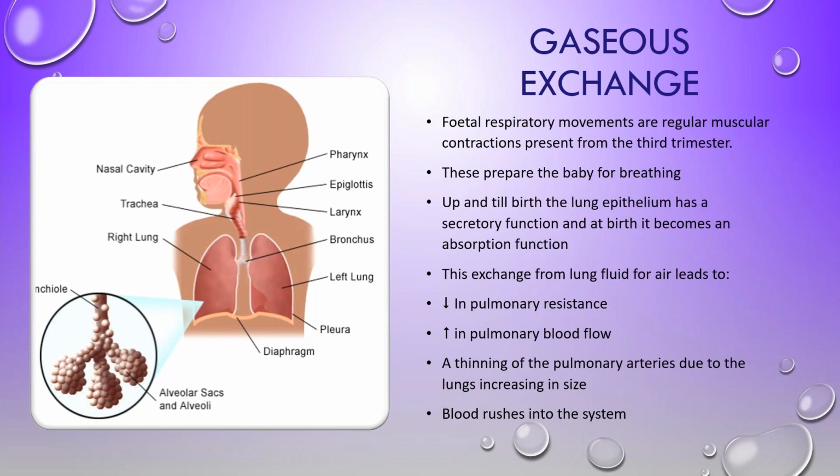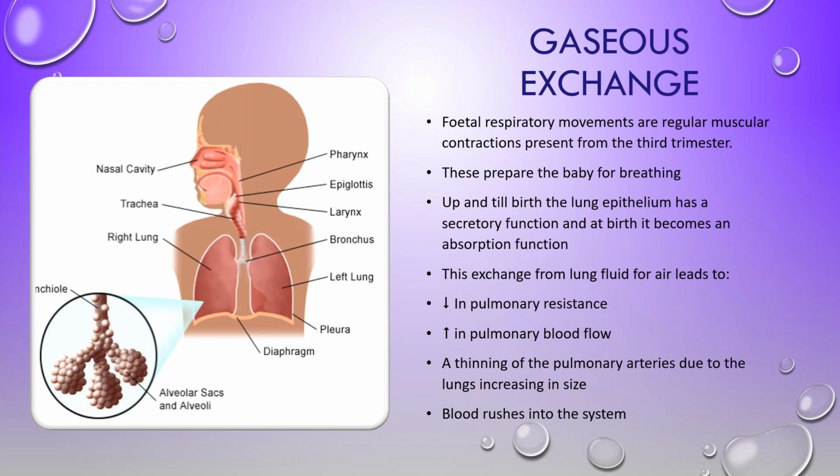Once again, this is part of transition. This exchange from lung fluid for air leads to a decrease in pulmonary resistance, an increase in pulmonary blood flow, a thinning of the pulmonary arteries due to the size of the lungs increasing and blood rushing into the system.